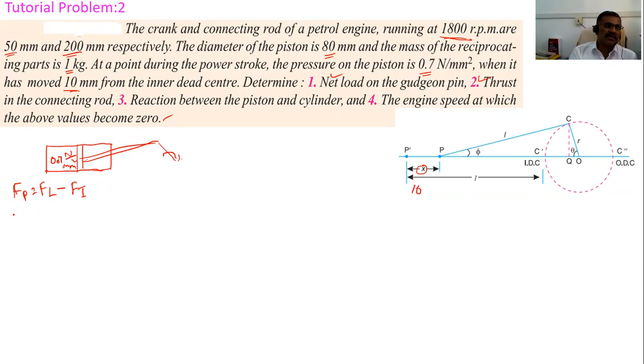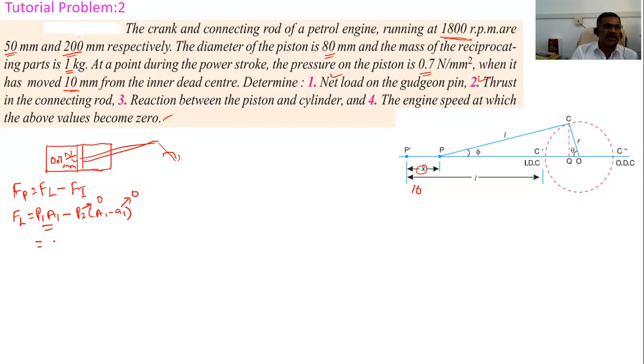FL is the force developed due to the gas, that is P1A1 minus P2(A1 minus a1). Here a1, the piston rod or connecting rod diameter, is not given, so you can take it as 0. And P2 is also not given, so you can take it as 0. So P1A1 is FL.